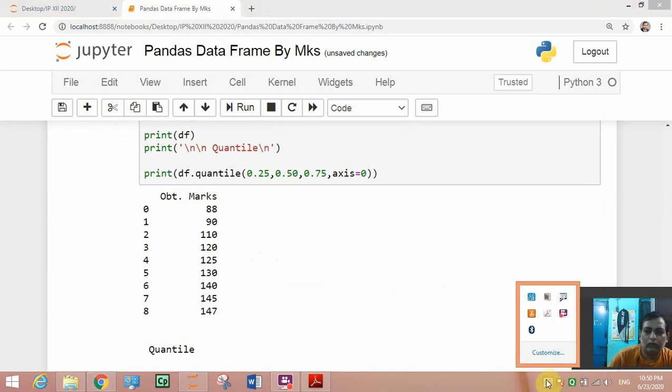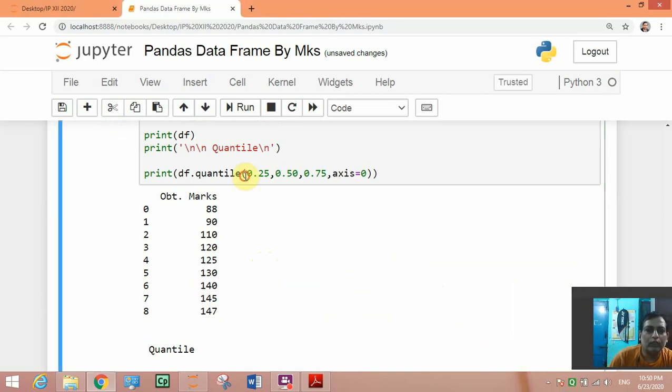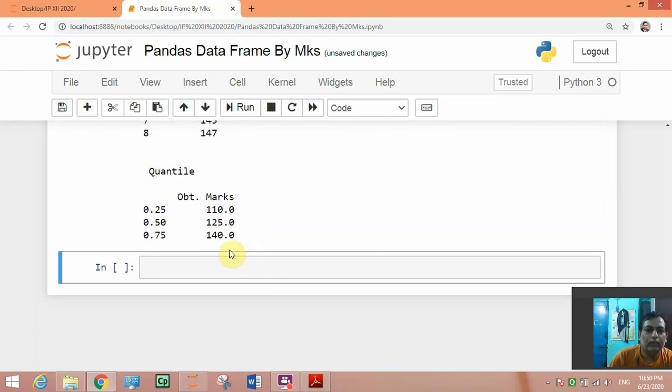Okay, we have to provide this range of values in a list so that they can be seen separately.